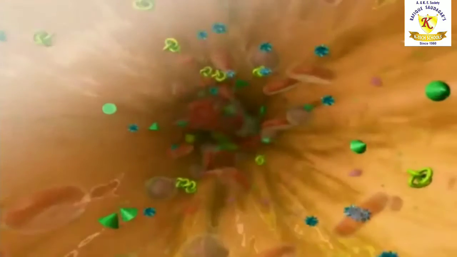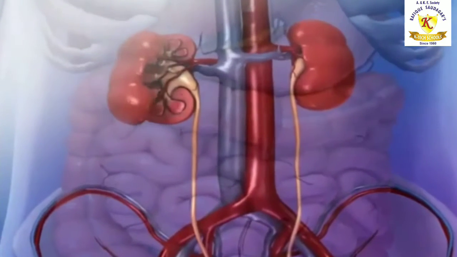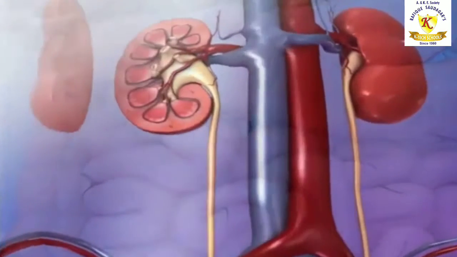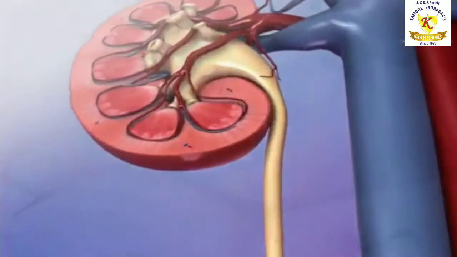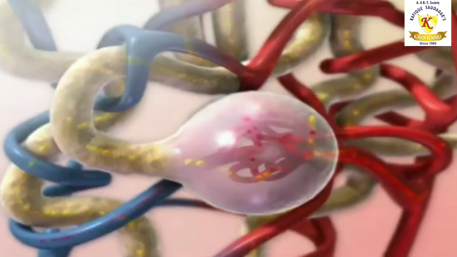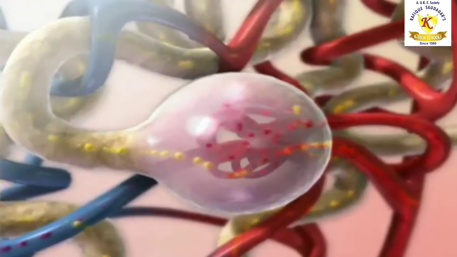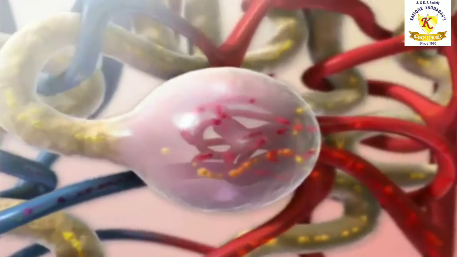These nutrients include glucose, amino acids, vitamins, minerals and fatty acids. The kidneys process the blood by filtering waste products like urea, uric acid, etc. out of the blood plasma into the urinary system.